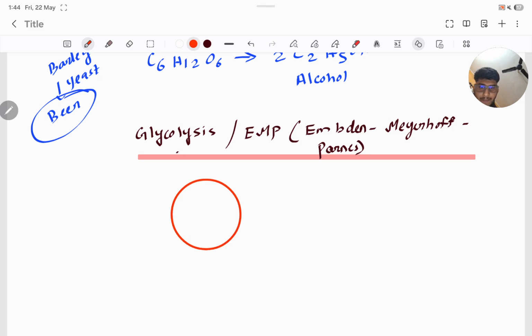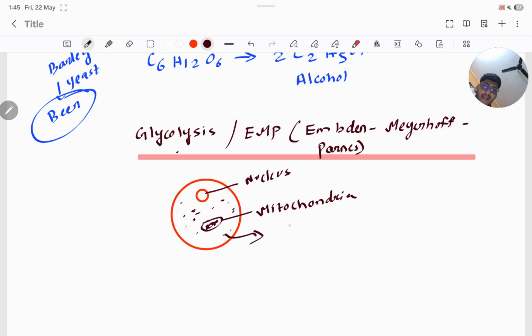Suppose this is the cell, this is the nucleus of the cell, and it will also have what? The mitochondria. We know there is mitochondria in the cell. This is the mitochondria. This is the cytoplasm of the cell. And this is the nucleus. So this process of glycolysis occurs in the cytoplasm of the cell.